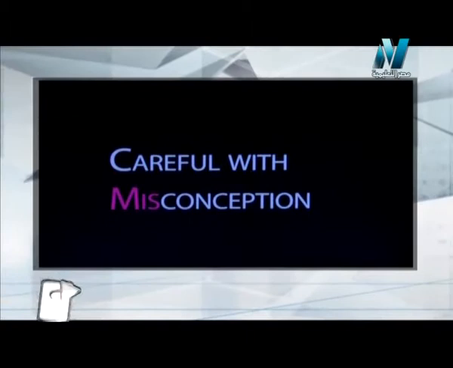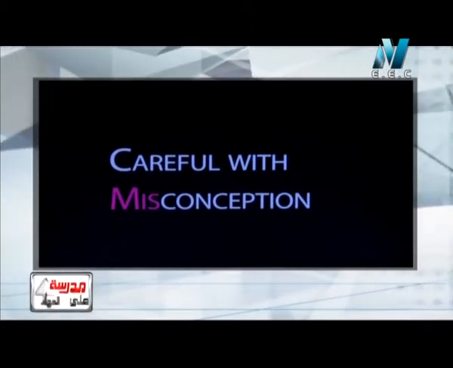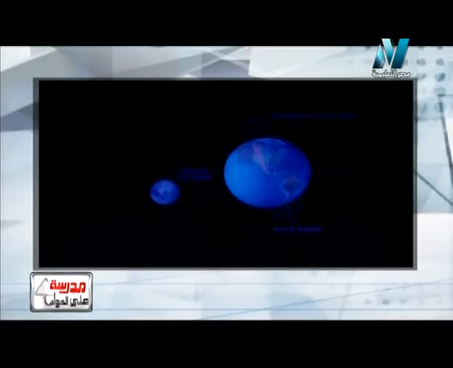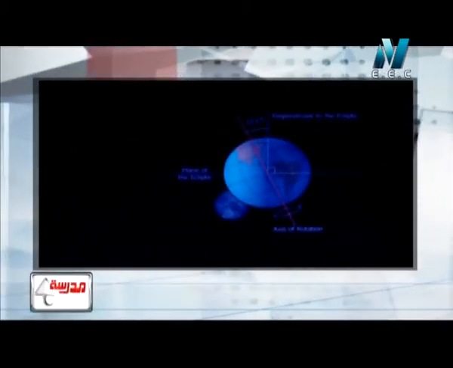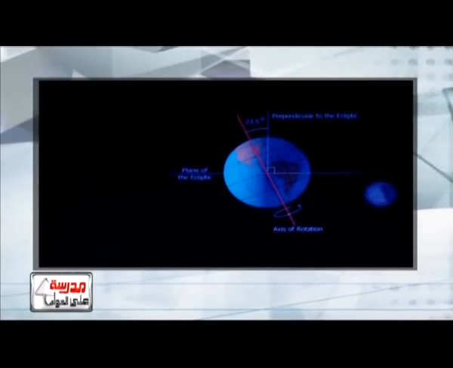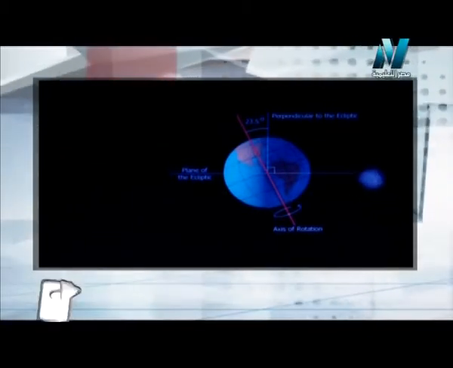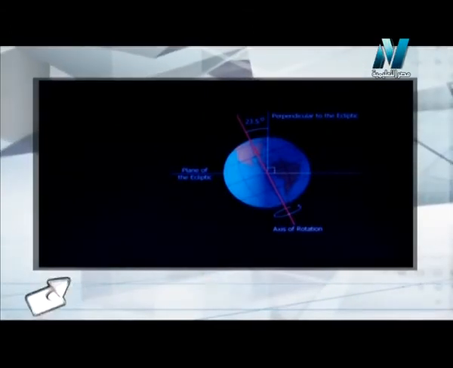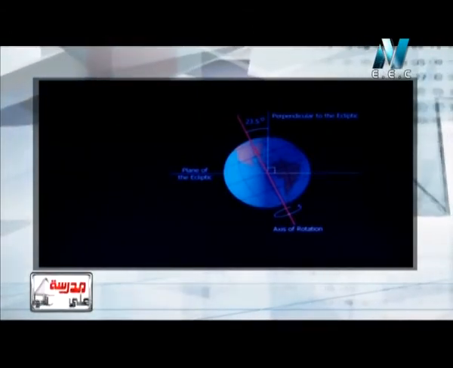Also we can see the semi-shaded lunar eclipse, the third case of this phenomenon. Look here, the earth is in the middle between the sun and the moon, so it will cause lunar eclipse. So the main difference between the two phenomena is the middle body. If the middle body is the earth, it will be lunar. If the middle body is the moon, it will be solar.